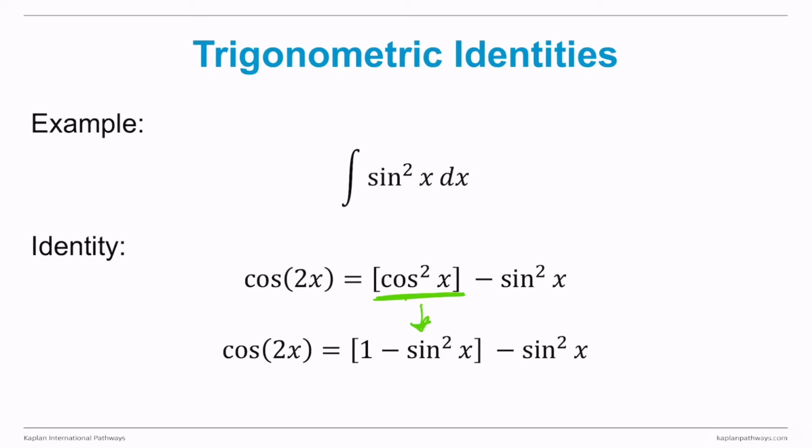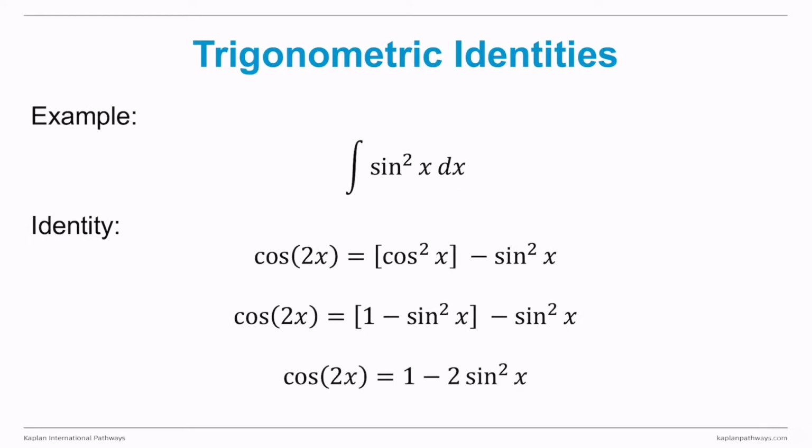So that will be 1 minus 2 sine squared x. So this is another identity. Ta-da! We can use it. Happy? Yes, you are.